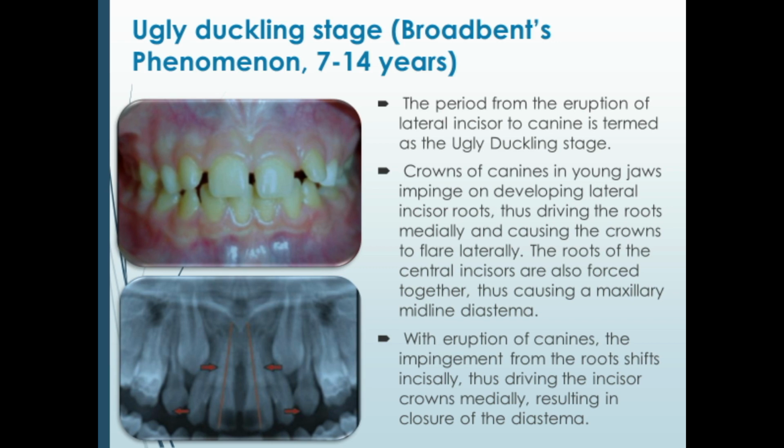The roots of the central incisors are also forced together, thus causing a maxillary midline diastema. The period from the eruption of lateral incisors to canines is termed the ugly duckling stage. It is an unaesthetic metamorphosis which eventually leads to an aesthetic result.